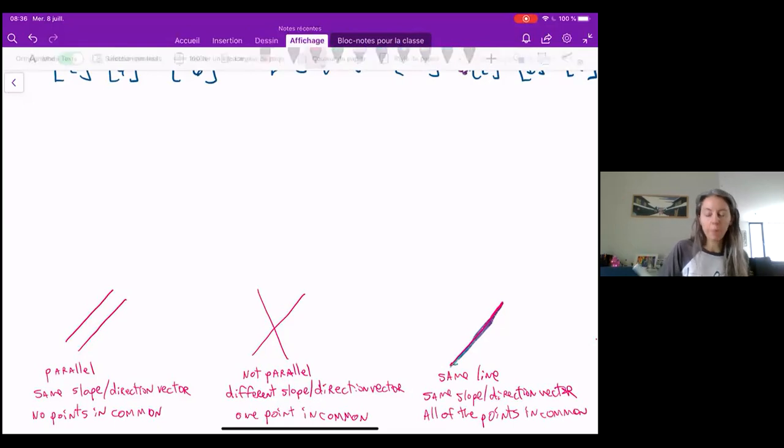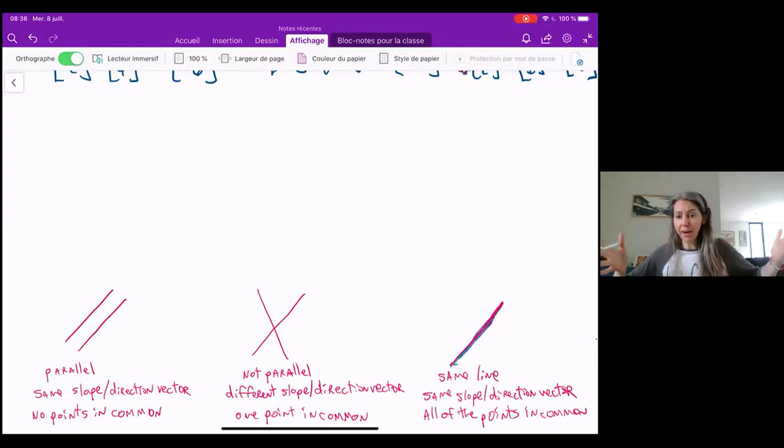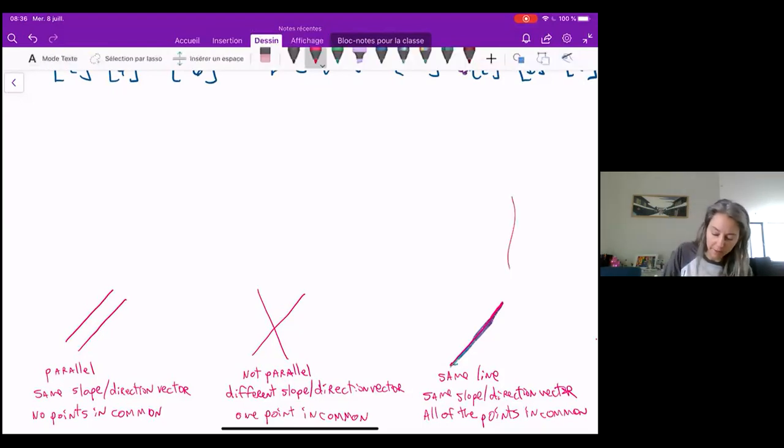So to be the same line, the slope has to be the same, and they have to have every point in common. But if the slopes are the same, then either they're parallel or they're the same line. So if they even have just one point in common, they have to be the same line, because that means they're not parallel. So if they have the same slope and one point in common, we can tell they are the same line.